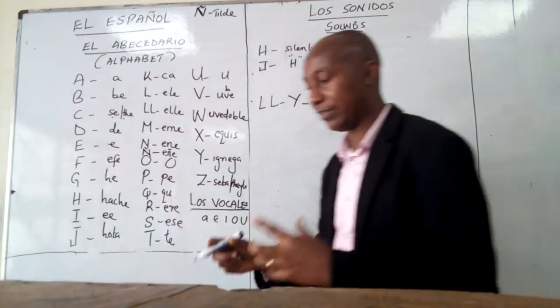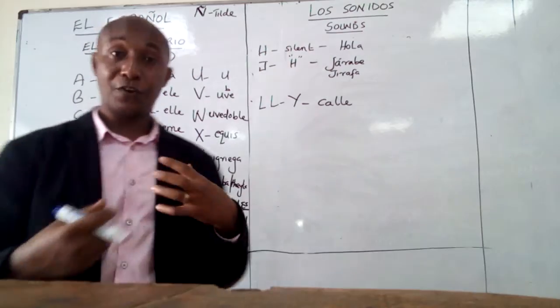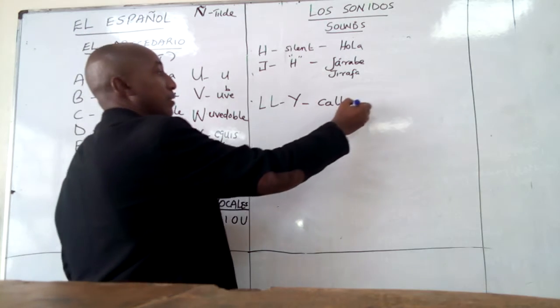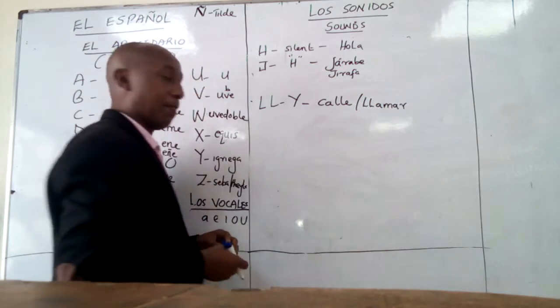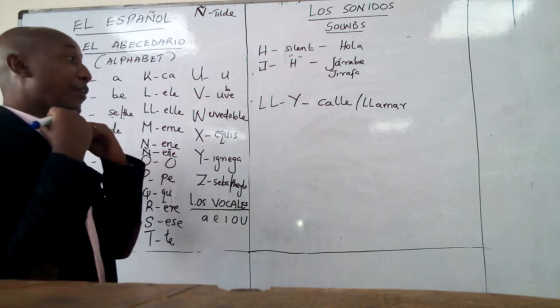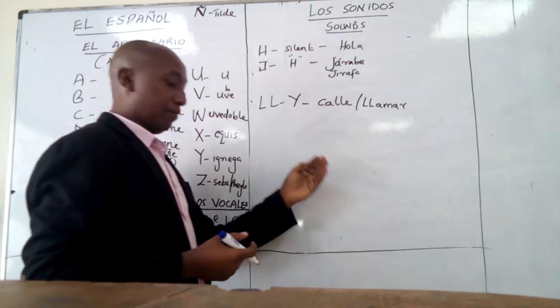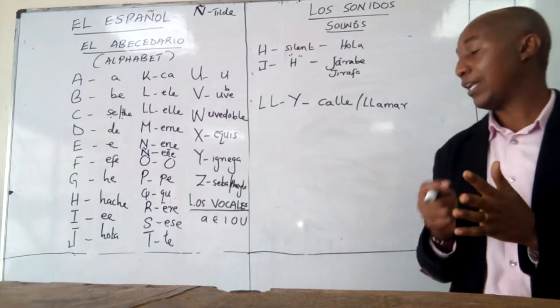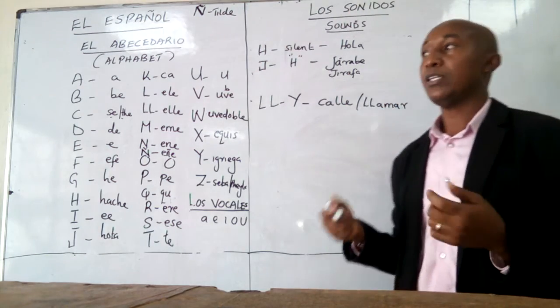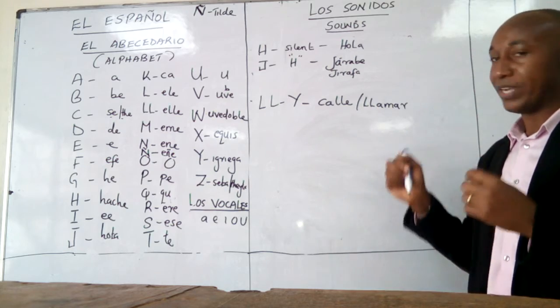So they have different sounds depending on the origin of the speaker. A word like llamar. So this is very important because if I say llamar, you may be tempted to use what we call letter Y, and that is not allowed.